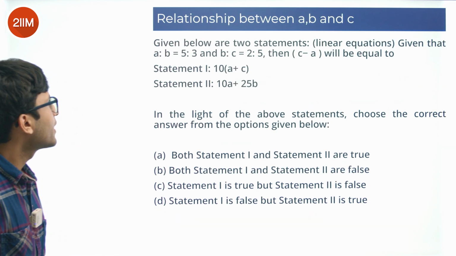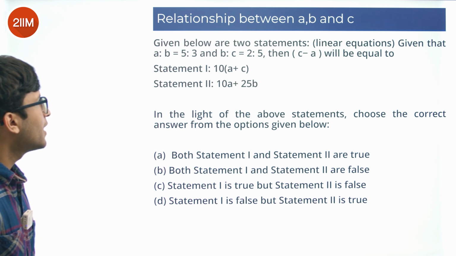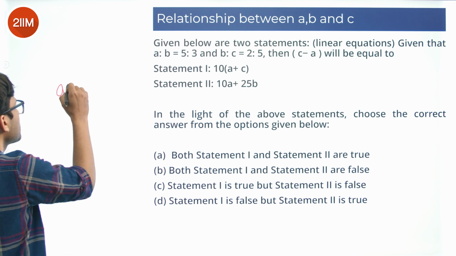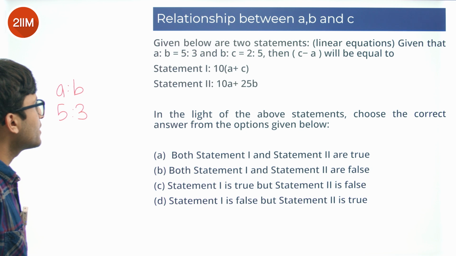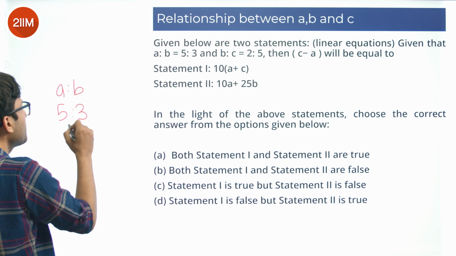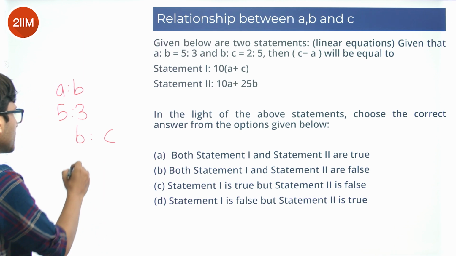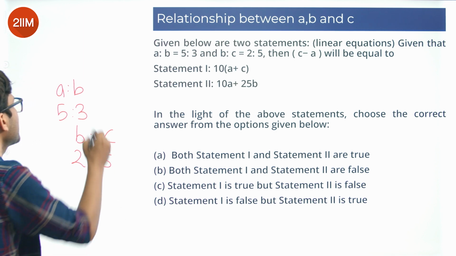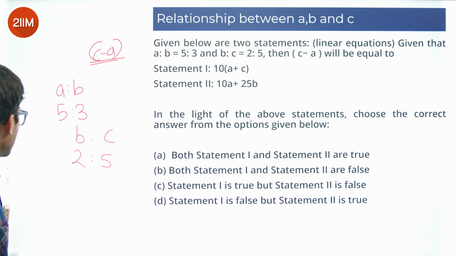Let's start. Relationship between A, B and C. Given below are two statements, linear equations. A is to B is 5 is to 3, and the next is B is to C is 2 is to 5, and I have to find out C minus A. First of all, I have to make them equivalent.